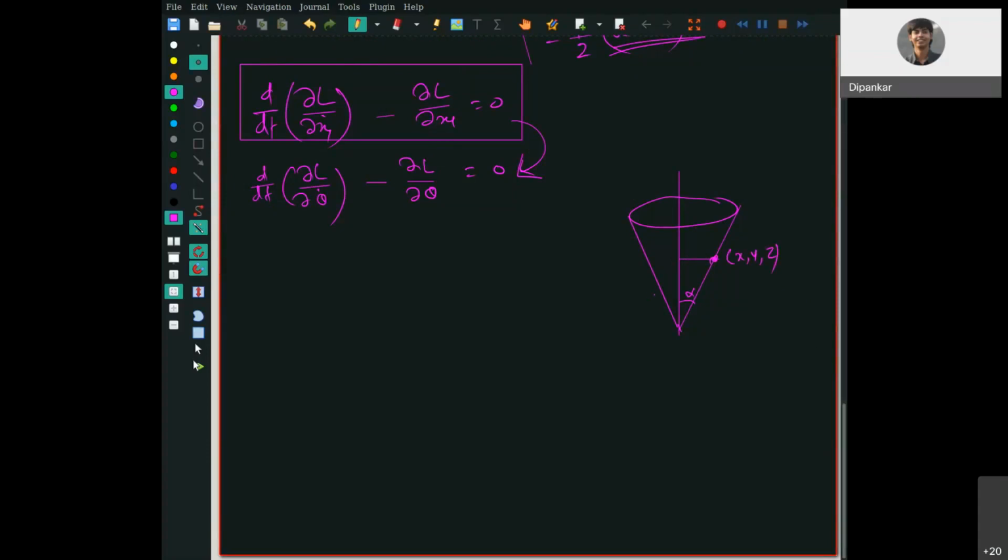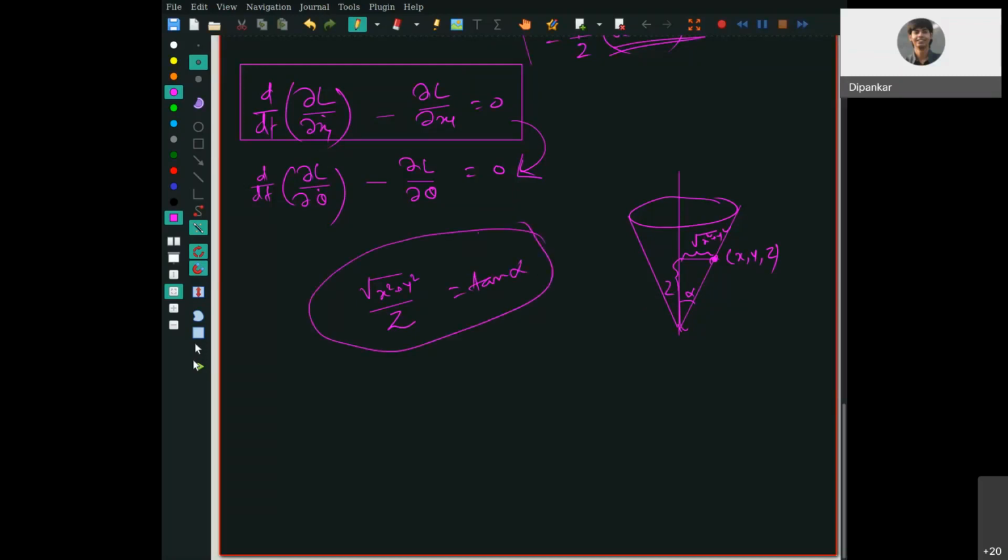Will these x, y, and z be independent of each other? The answer is no, because if this is z and this length is square root of x square plus y square, then you can easily see that square root of x square plus y square by z equals tan alpha. So this is the equation of constraint there.